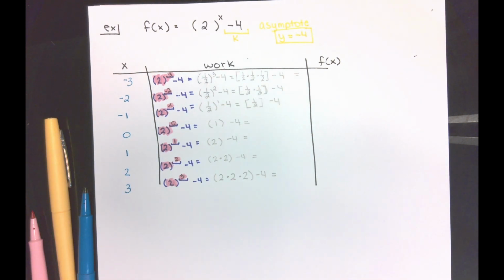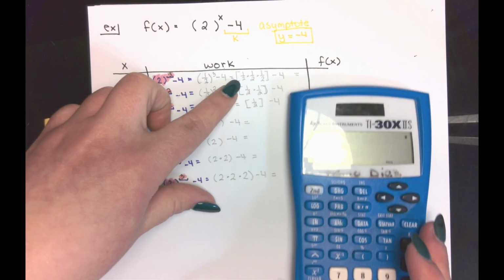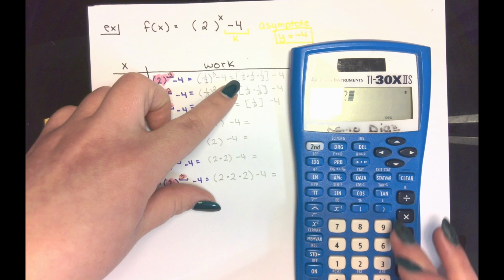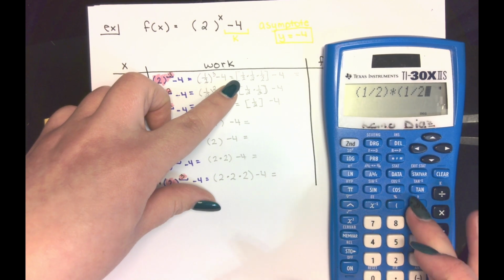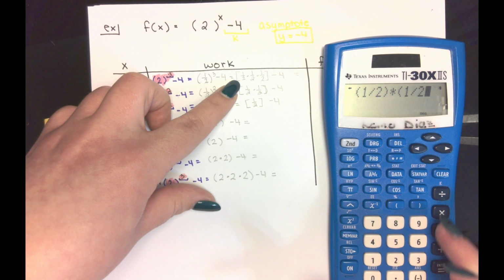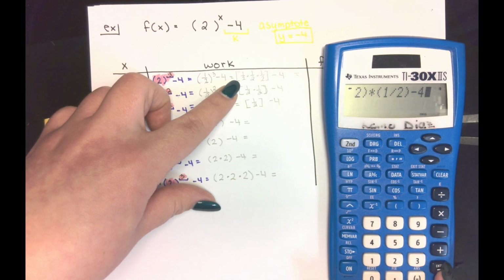We can see if it is doable on a calculator, or we can do it by hand. So we have 1/2 times 1/2 times 1/2 minus 4.